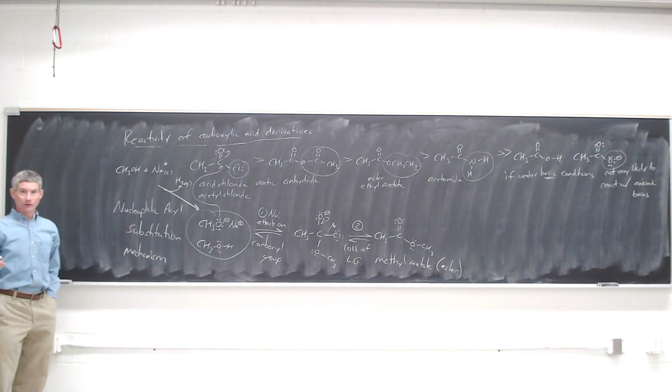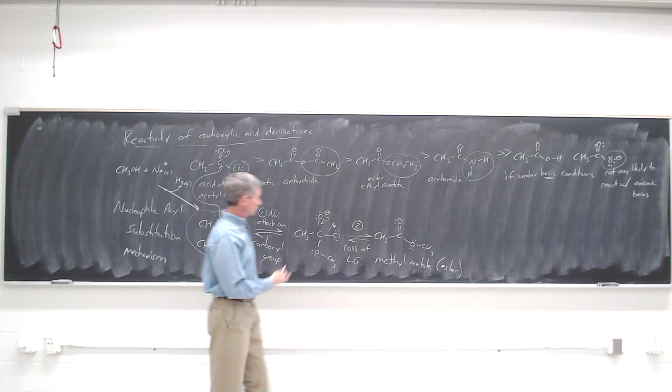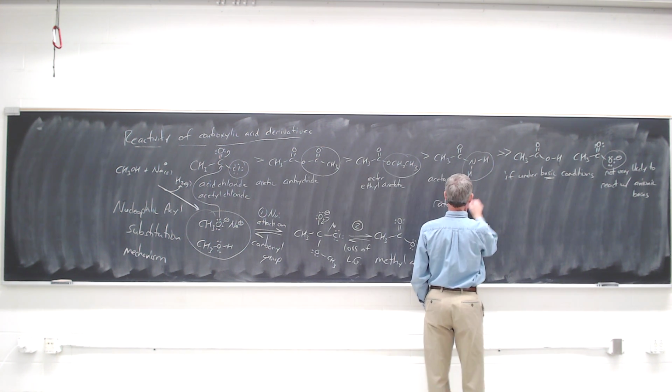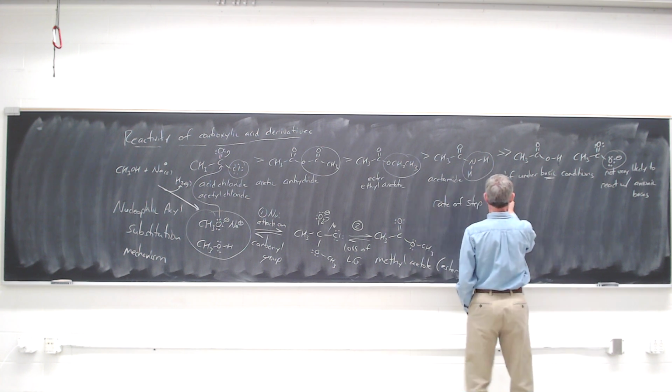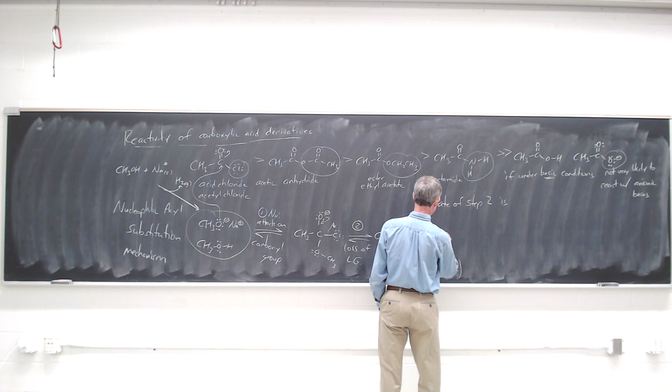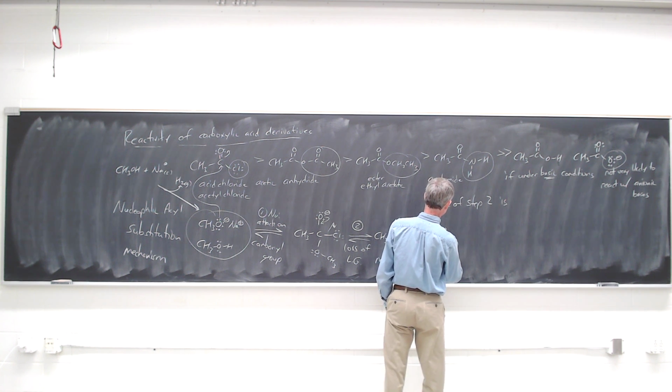So let's consider the rate of step 2 first. And that rate is going to be controlled by the stability of the leaving group. In this case, the leaving group is chloride.